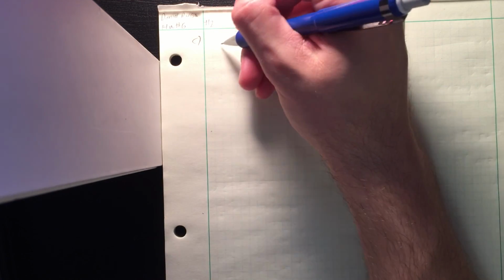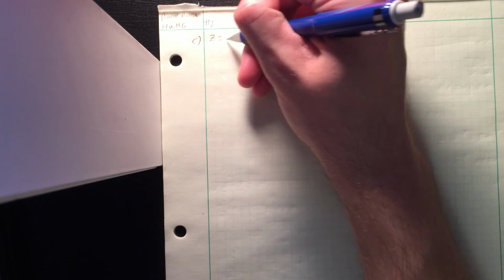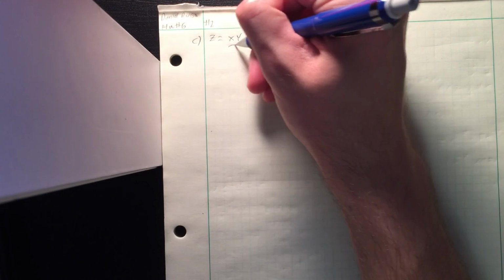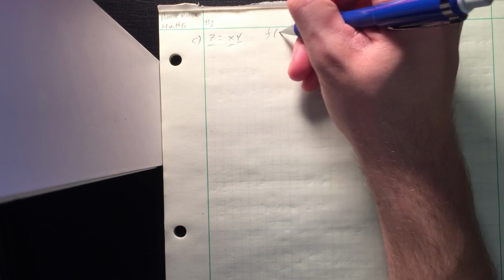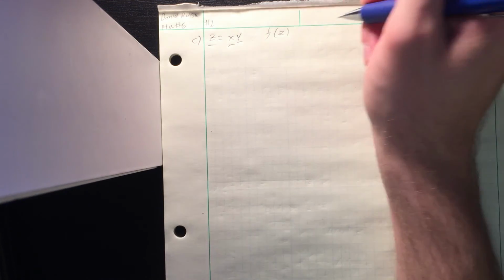Part C asks us, let's do z equals x times y, and we can leave f of z as an integral.